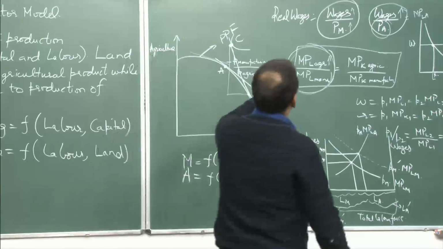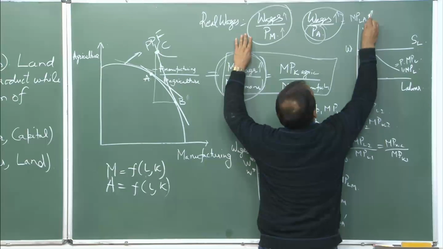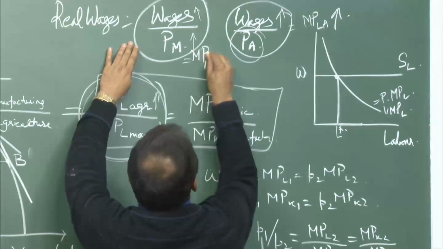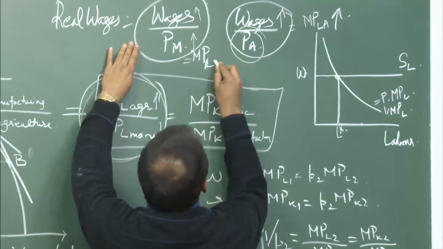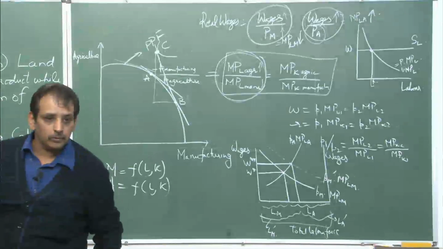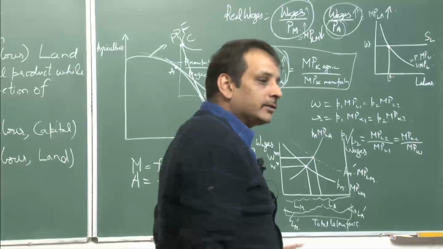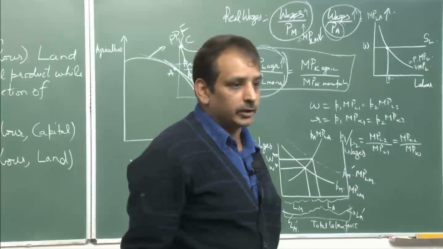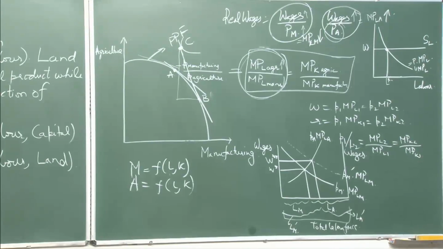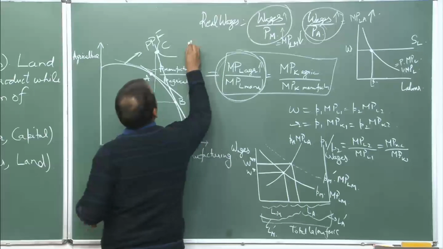So when this ratio goes up, marginal productivity of labor in manufacturing goes down. How can it go down when wages are also increasing, price of manufacturing is also increasing? If the increase in wages is less than the increase in prices, absolutely.